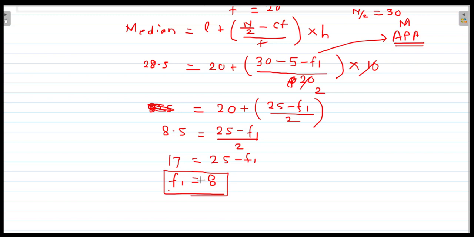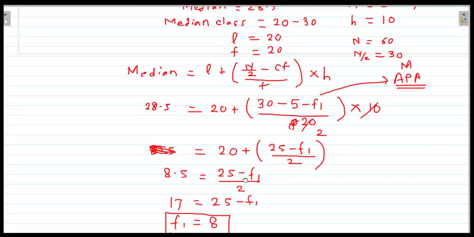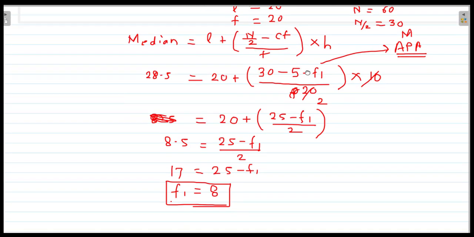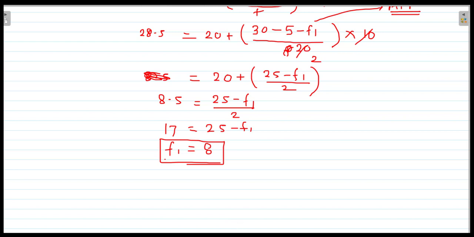Now putting the value of F1 in equation number 1. Equation number 1 is F1 plus F2 is equal to 15. So in that equation we will put F1 as 8. So it will be 8 plus F2, which is equal to 15.